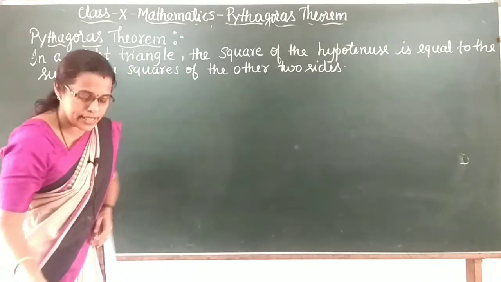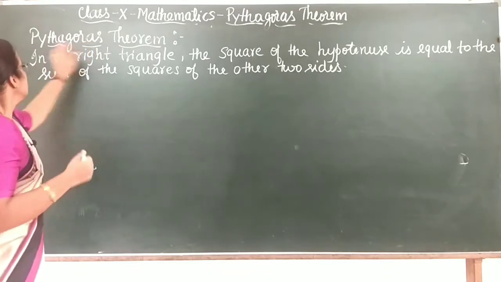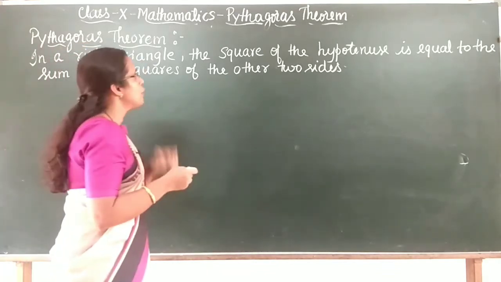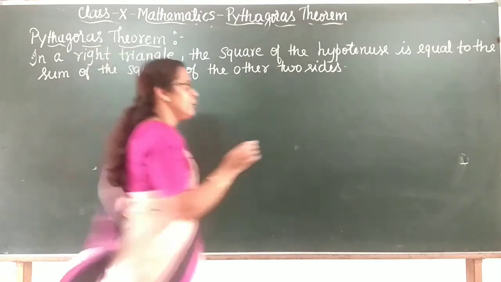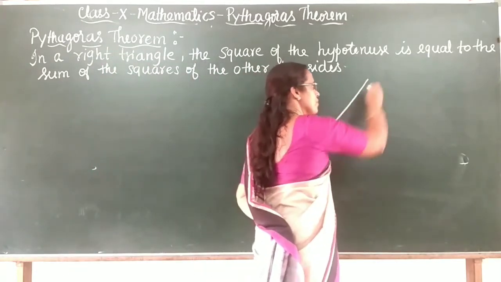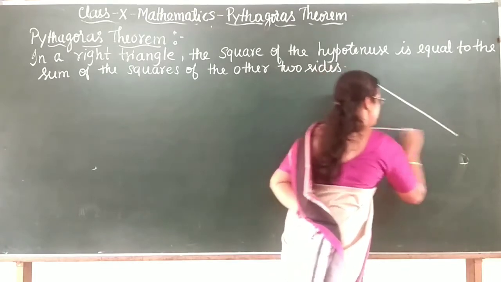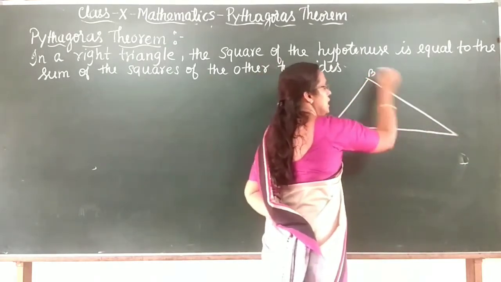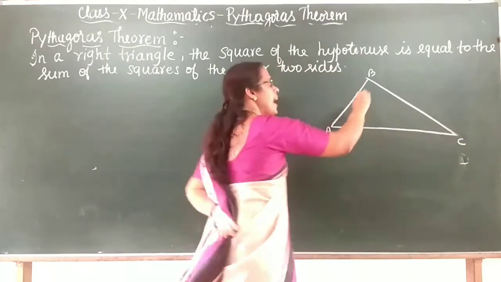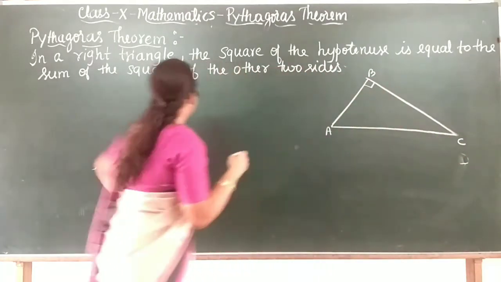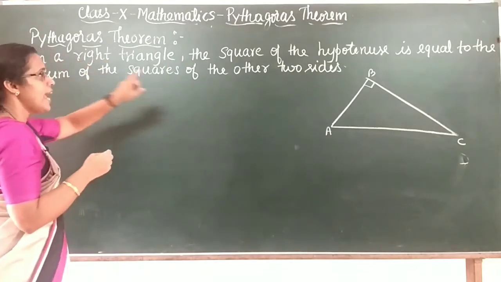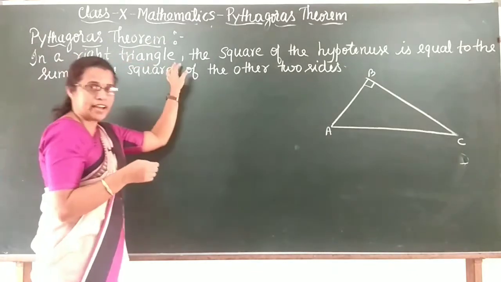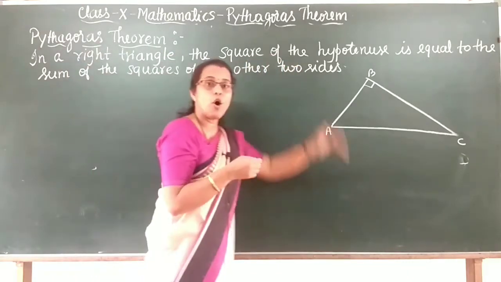Okay, so now what is given? He says that in a right triangle. So what do you have to draw first? I have to draw a right angle triangle. Let us draw it now. A, B, C. Okay, right angle at B. So in triangle ABC, right angle at B. In a right triangle, the square of the hypotenuse.